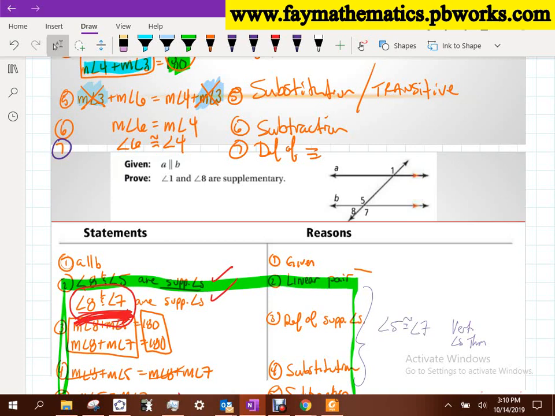Theorems kind of earn that title of being a theorem based on their usage beyond the point that we define them, or the point that we recognize their property. Okay? So beyond 3.2 and 3.1, alternate interior angles show up all the time. Corresponding angles show up all the time.